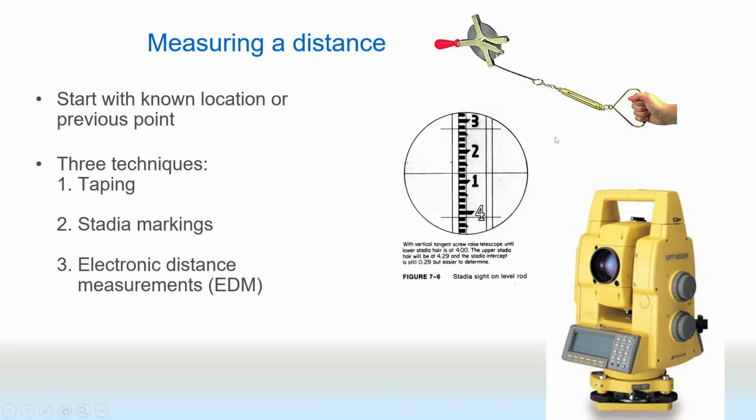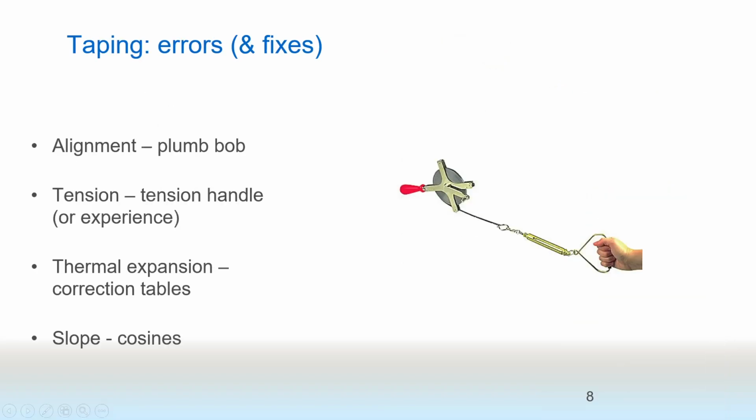We can calculate the number of centimeters on the rod, and then calculate the distance between instrument and rod, because of the upper and lower crosshairs. And the last method is electronic distance measurement in our modern precise instruments.